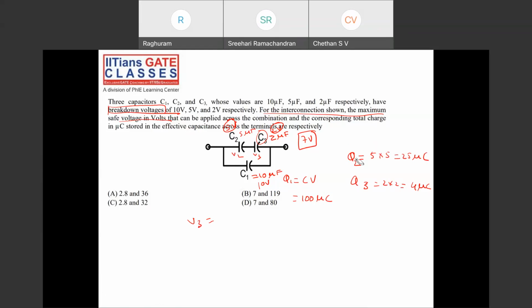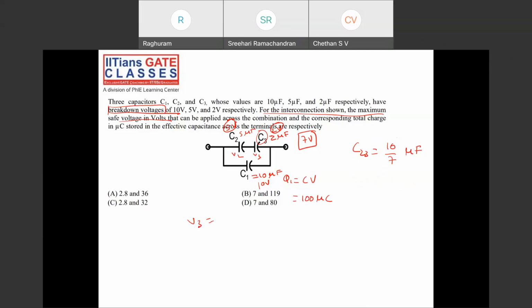For that, you have to find C23, which is the equivalent: 5 into 2 by 5 plus 2, 10 by 7 microfarads. C23 is 10 by 7 microfarads.